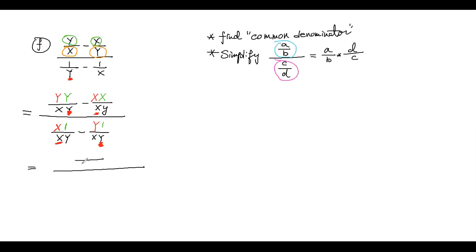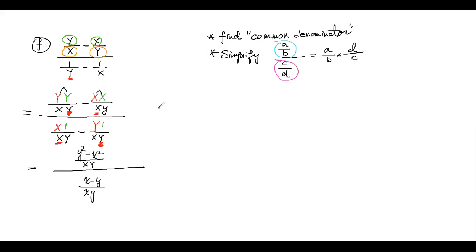The top will be xy. This will become y squared minus x squared. Okay, so here this is xy, and this is x minus y. Now I'm flipping.